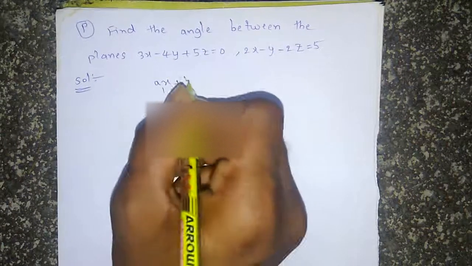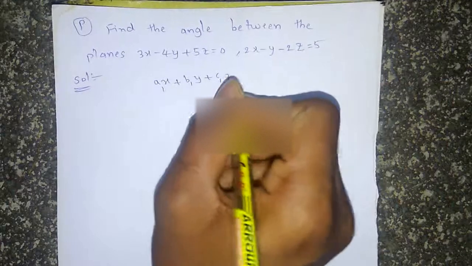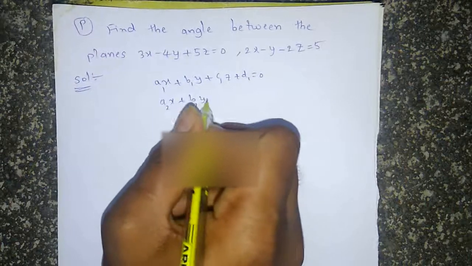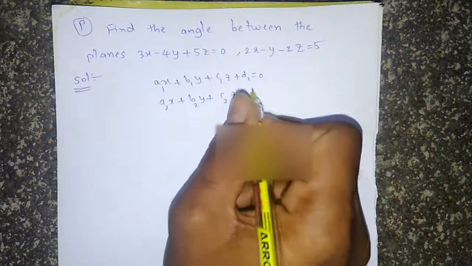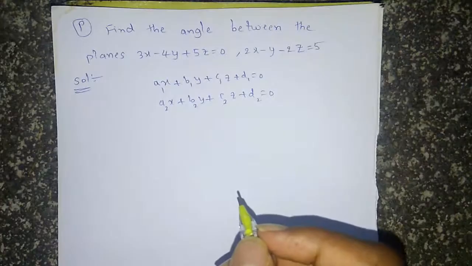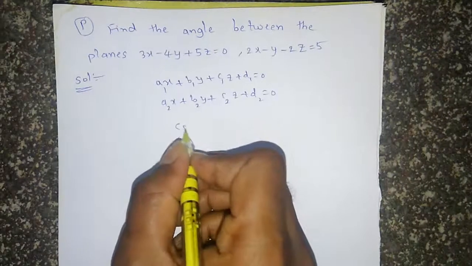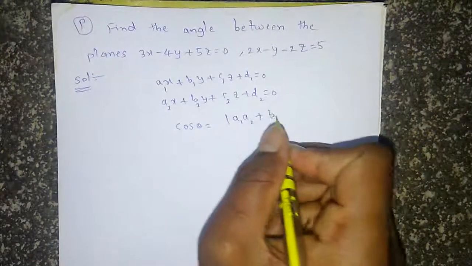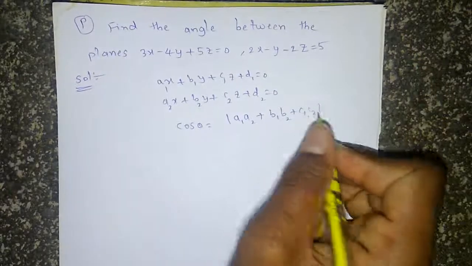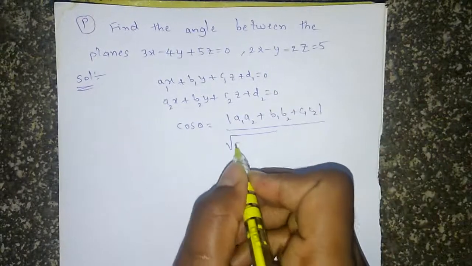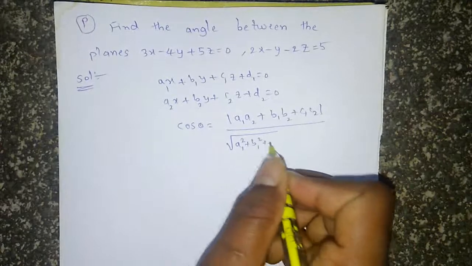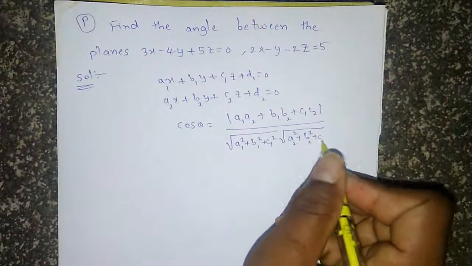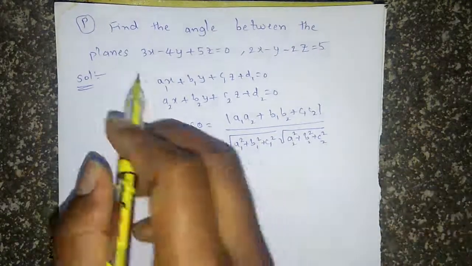If a1x plus b1y plus c1z plus d1 is equal to 0 and a2x plus b2y plus c2z plus d2 is equal to 0 are the equations of two planes, and theta is the angle between them, then cos theta is equal to modulus of a1 a2 plus b1 b2 plus c1 c2, divided by root of a1 square plus b1 square plus c1 square, times root of a2 square plus b2 square plus c2 square. This is the formula. So here, substitute the values.